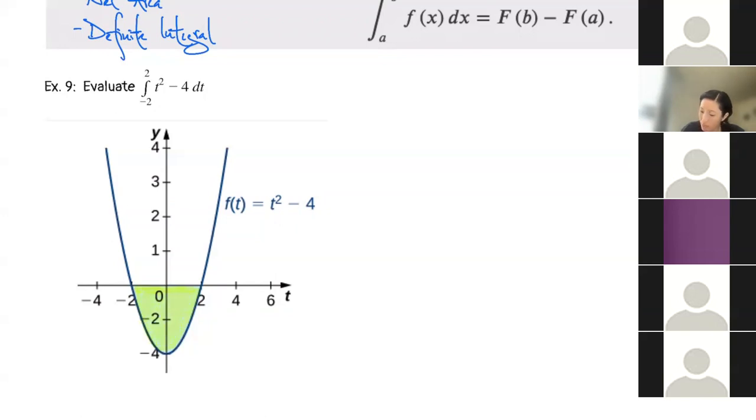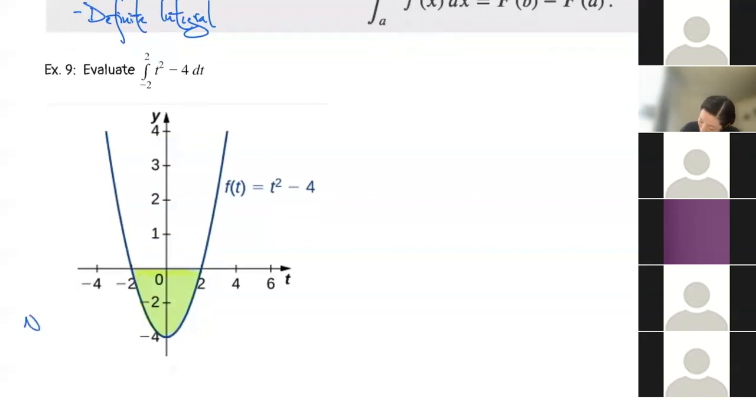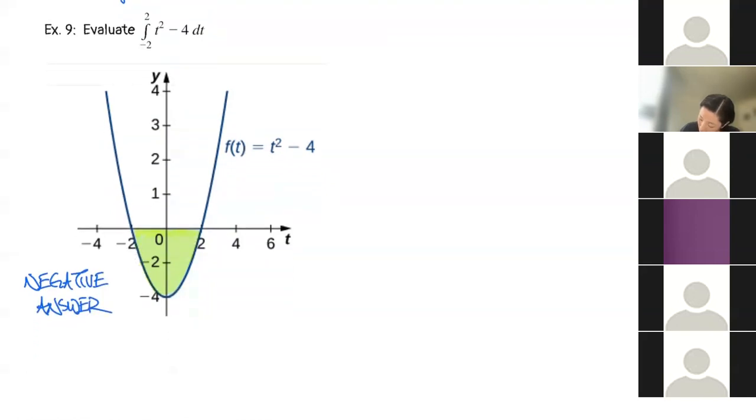And so we might predict that at the end, exactly, we're going to get a negative answer, because this is below the x-axis.